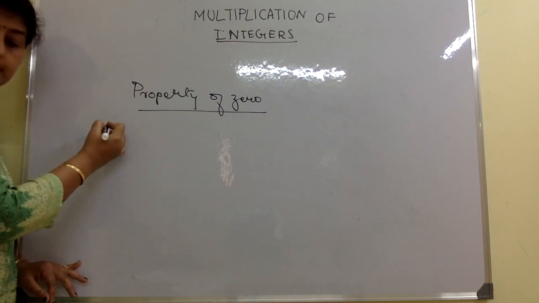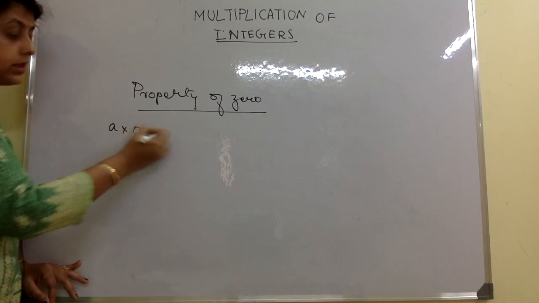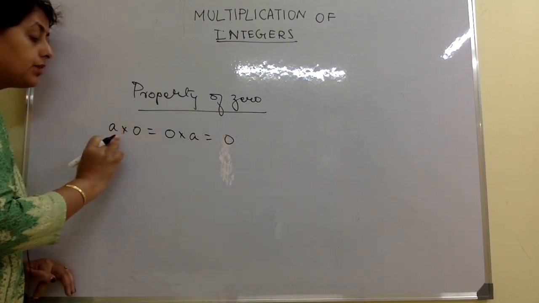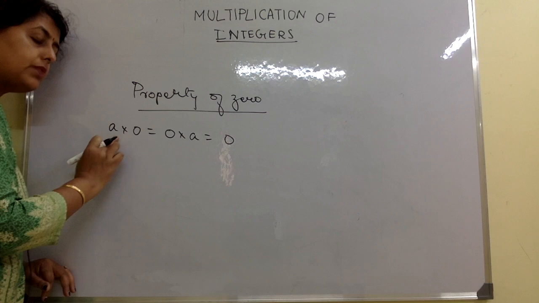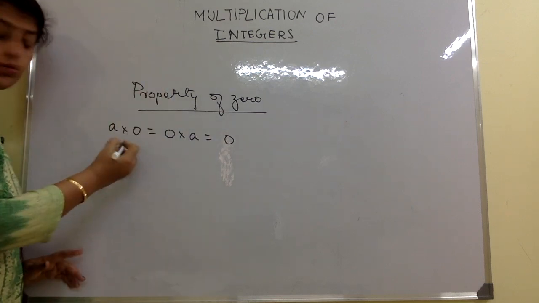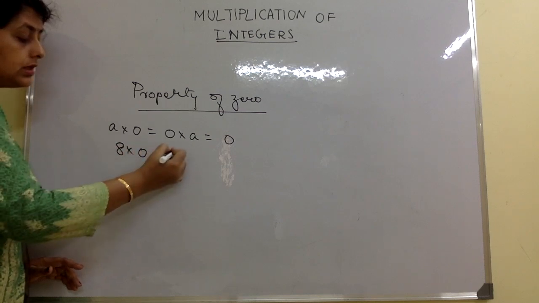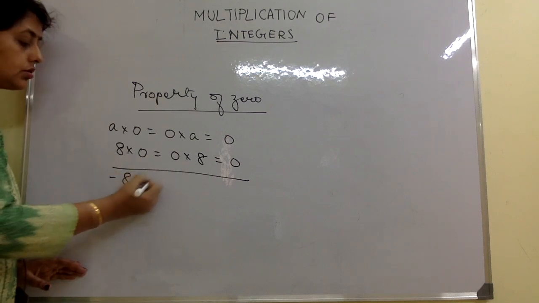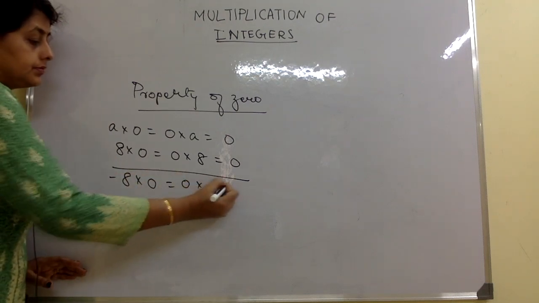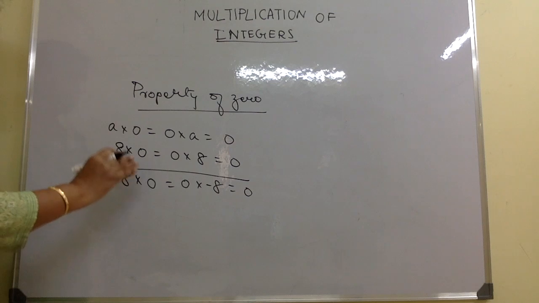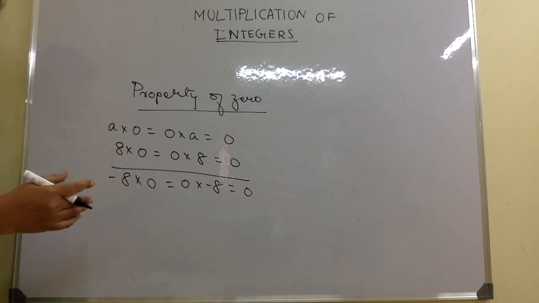It simply means a into 0 is 0 into a is equal to 0. Means any integer you multiply with 0 is always going to give you a 0. So 8 into 0 is 0 into 8, which is 0. That's as simple. You can take a minus also, that is a 0. So this is the whole idea of the property of 0.